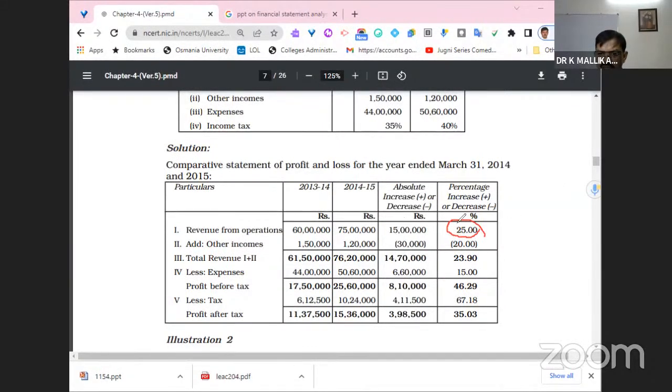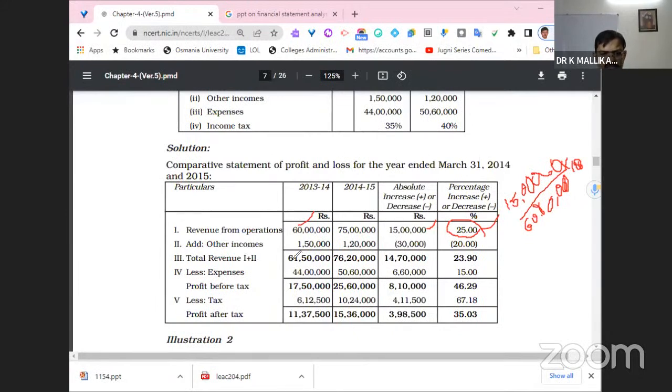Whatever the increase is, 15 lakhs, divided by 60 lakhs, into 100. We'll get this 25%.